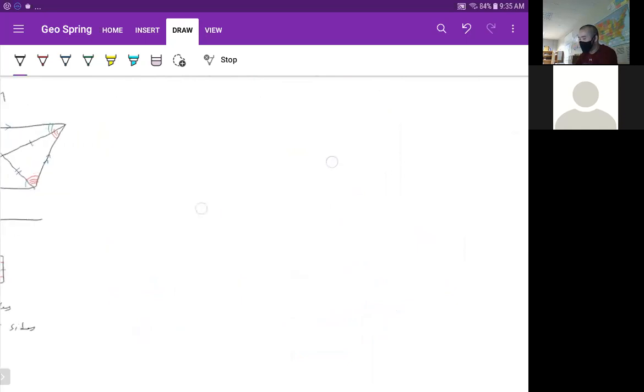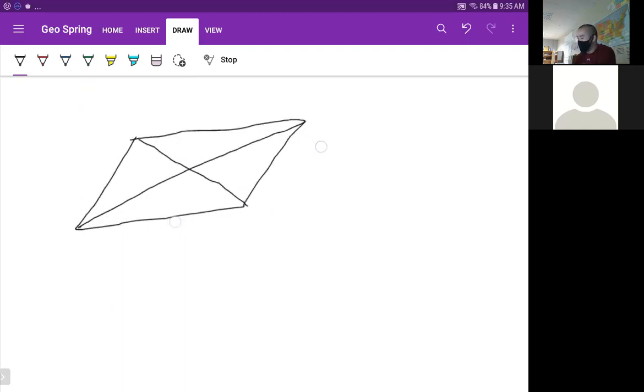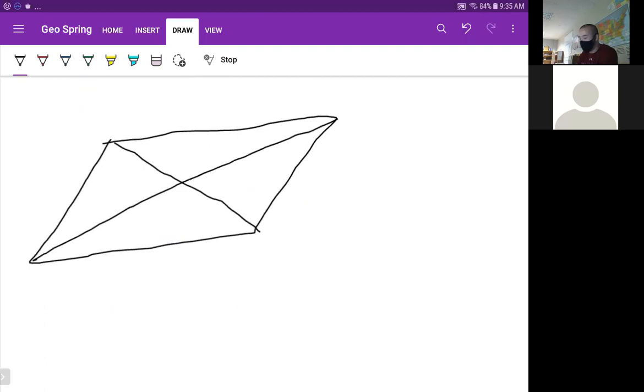Over here to the side, you have a parallelogram and it has a diagonal. Let's give you some information here. Let's say that this is 10. Let's say this is 15.